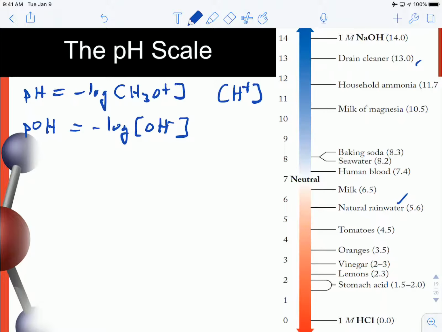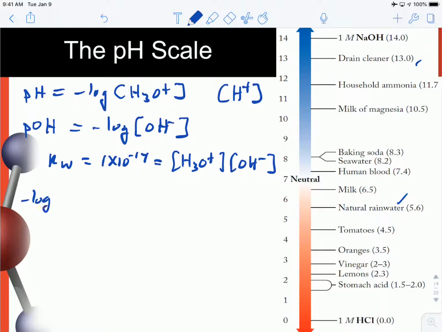Now remember, Kw is equal to 1 times 10 to the minus 14, and that's equal to the product of these two. Right? Therefore, what I'm going to do is I'm going to take the log throughout this equation. I'm going to take the log of everything. The negative log, sorry.